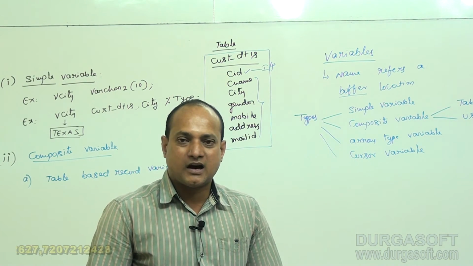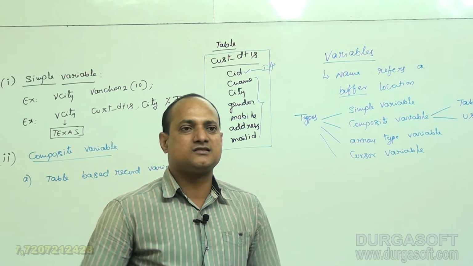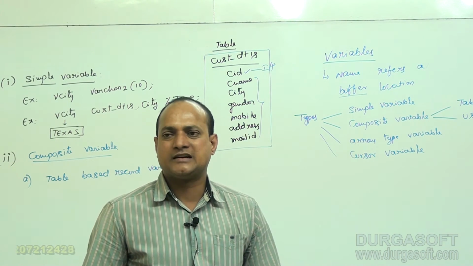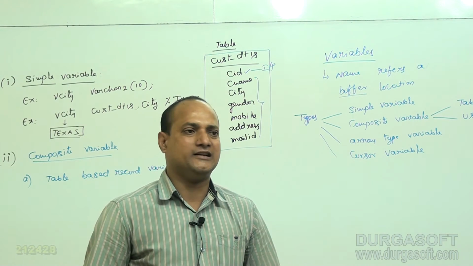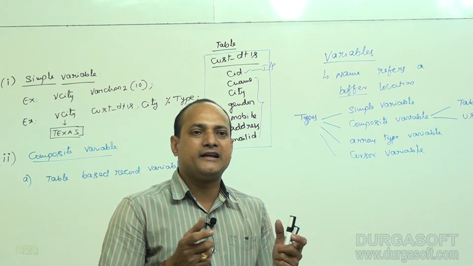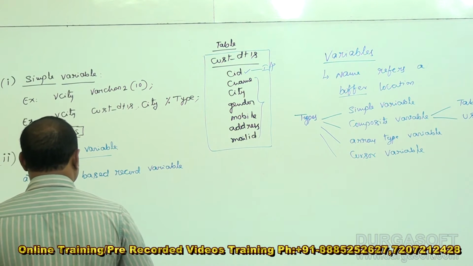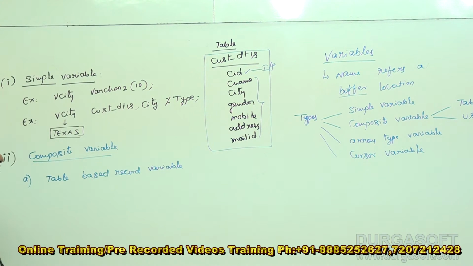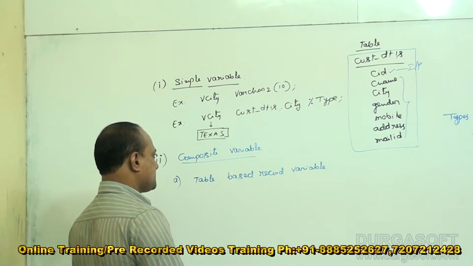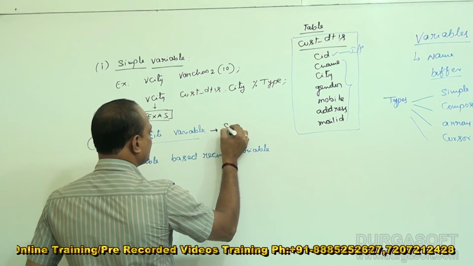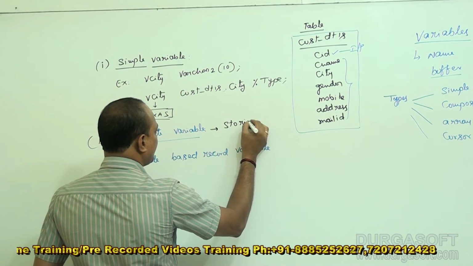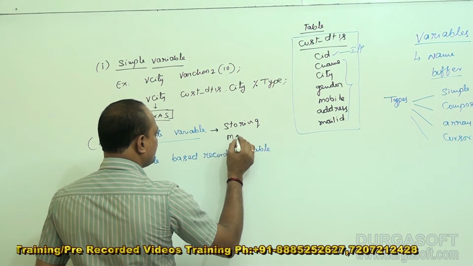Instead of declaring 100 variables, just declare one variable. It has to support one complete record. That is done by using a composite variable, storing multiple values.